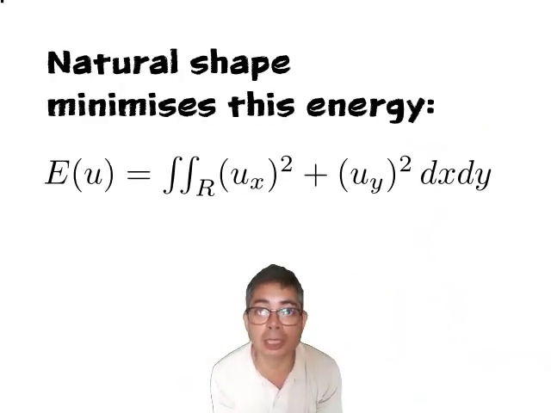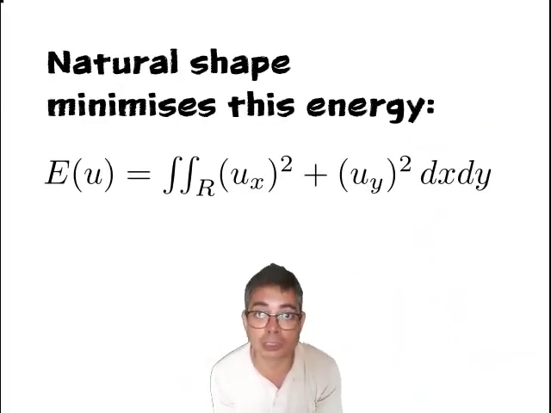Physics tells us that the most natural shape, or the most natural function u(x,y), will minimize the potential energy of the surface, which is given by this rather horrendous looking expression. It is pretty complicated even to compute, and to really minimize it analytically is very complicated, if not impossible in many cases.